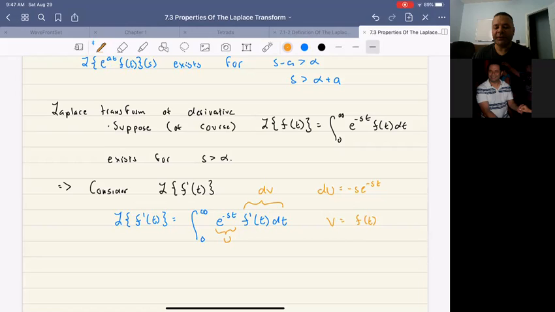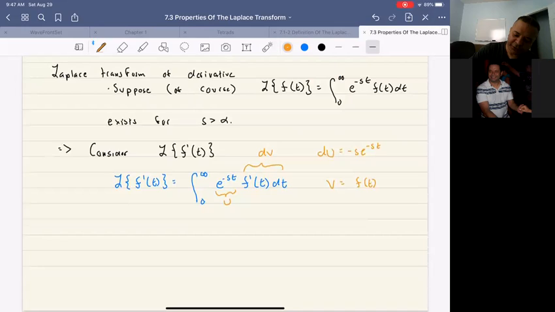Now let's take uv minus the integral of v du. So uv is e to the negative st f of t from 0 to infinity, minus the integral from 0 to infinity of v du.